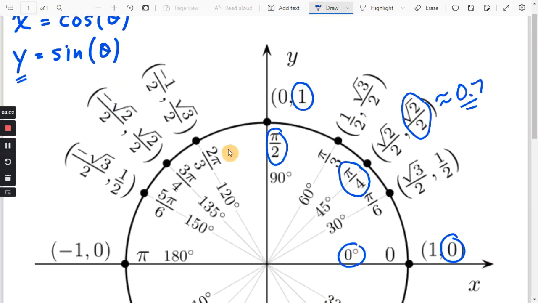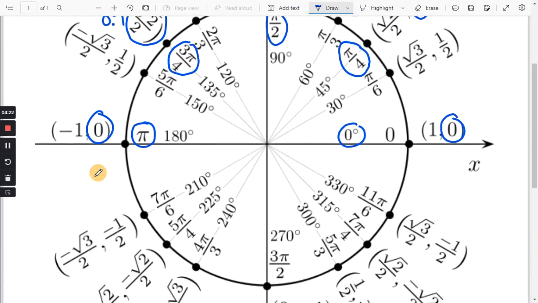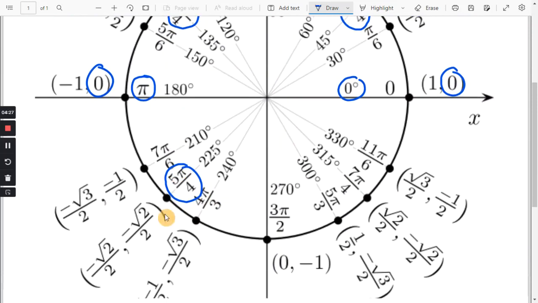So let's see, at 3/4 pi, the y-coordinate is radical 2 over 2, but we said that was really 0.7. And then at pi, the y-coordinate is 0. And then at 5 pi over 4, the y-coordinate is negative radical 2 over 2. We said that's negative 0.7.